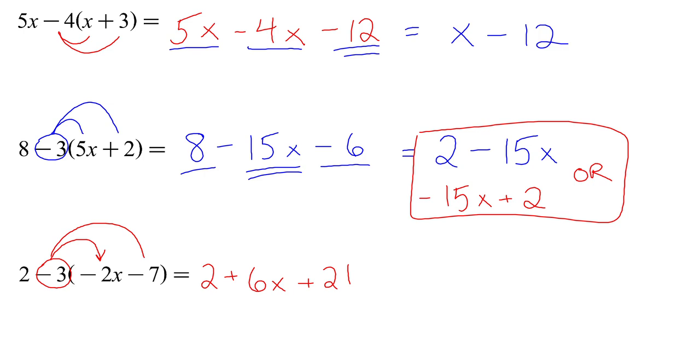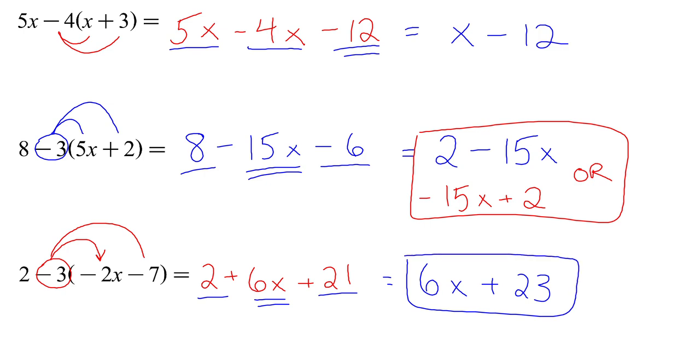And again, we'll combine our like terms to finish it off. 2 and 21. And the 6x by itself. Normally we try and write the x's first, so I'll do that. 6x plus 2 plus 21 is 23. And that's the basics of using the distributive property to simplify down some expressions.